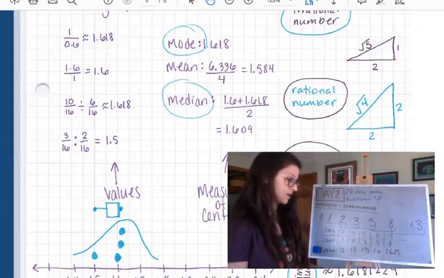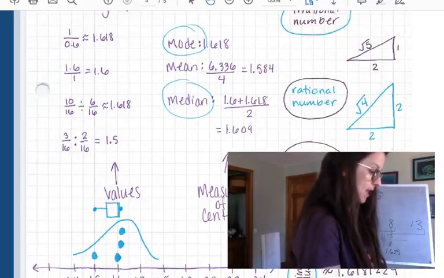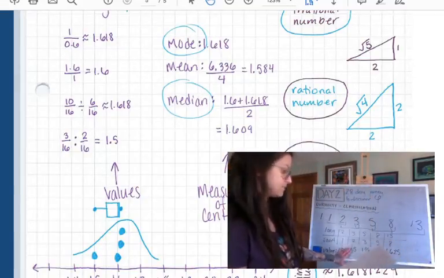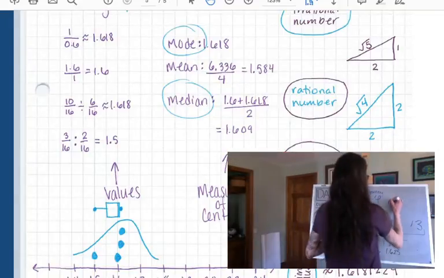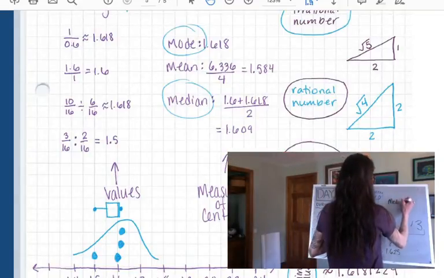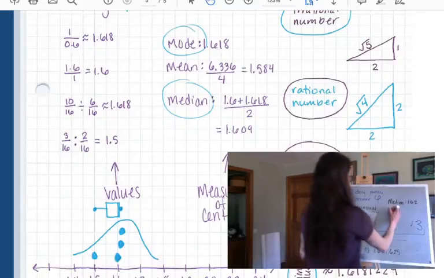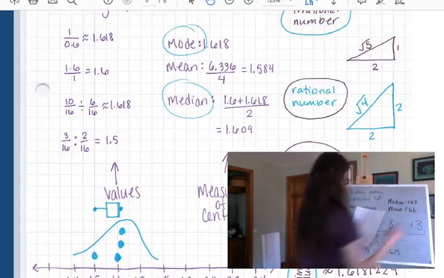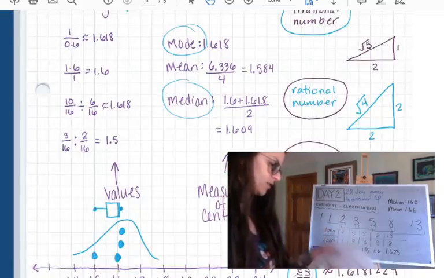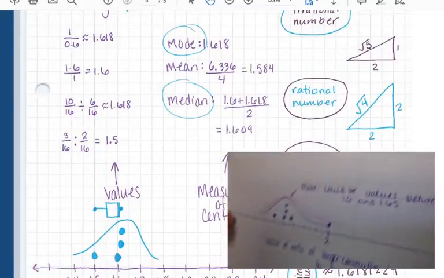If we looked at the average of these, I went ahead and did it last night, and the median is 1.62, and the mean is 1.66. When I graphed the data, you could see that it's skewed right.